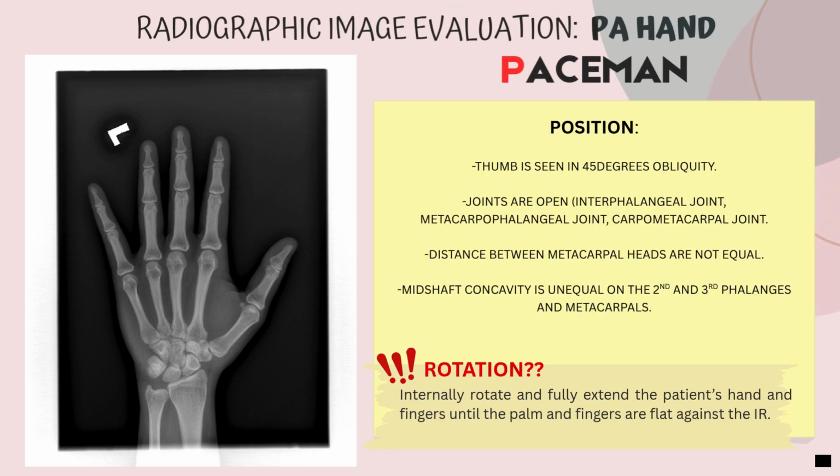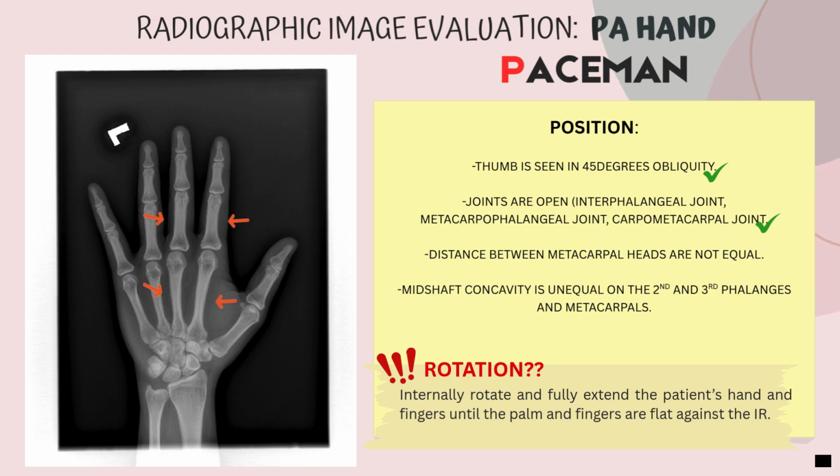For position criteria, the thumb is seen in 45 degrees oblique. The interphalangeal joints, metacarpophalangeal joints, and carpometacarpal joints are demonstrated open. But the distance between the metacarpal heads is not equal, and the midshaft concavity is also unequal on the second and third phalanges and metacarpals.